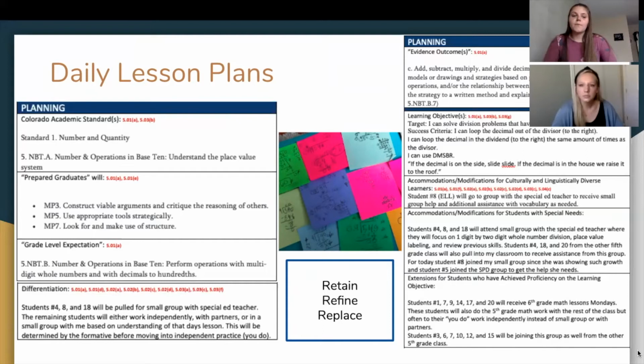As you can see here, there are also the standards specifically mentioned, so we know that what we are teaching aligns with what is expected of us to teach in the state of Colorado. It also gives a clear objective. This clear objective is also stated to the students, giving them a target on what they need to learn and how they're going to be successful, how they will know when they have reached that target.